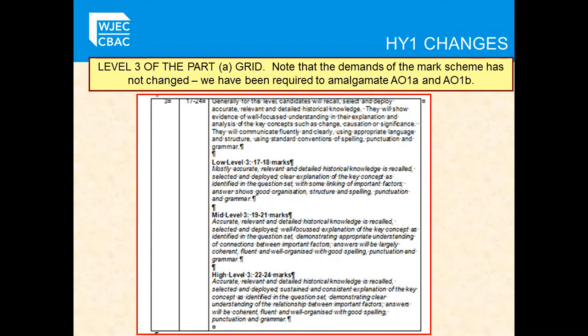That is what we mean by a coherent, linked explanation. Many candidates who know the material well go on to make a list of factors, which is a Level 2 response. We hope, now that they have a little more thinking time, that they will be able to provide a coherent and linked explanation.